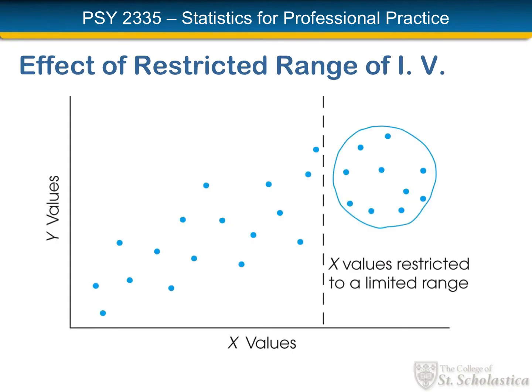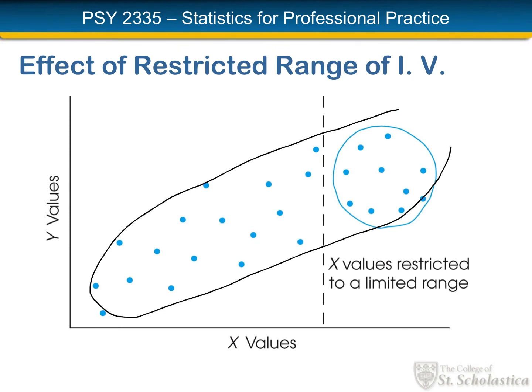This scatter plot shows how that kind of restraint can have an impact. If I were having access to the full range of the data, I would generally see a positive relationship. But if somehow my sample were only able to pick up people at the high end of the X scale, at that end I see pretty much no relationship.